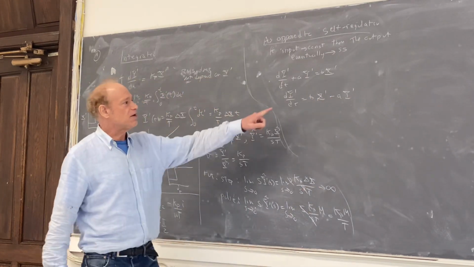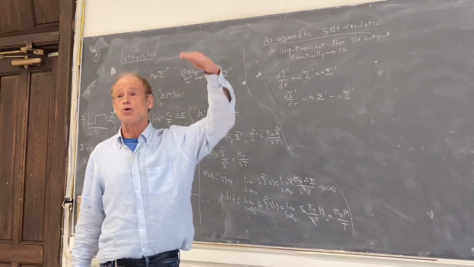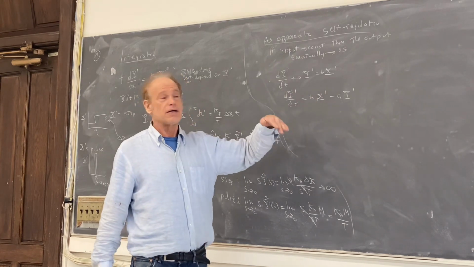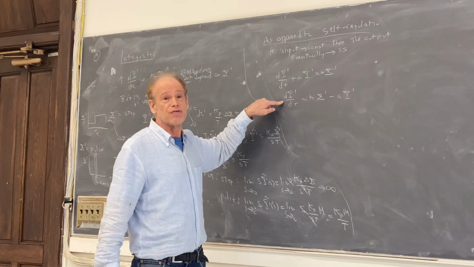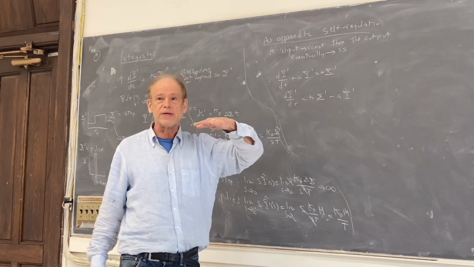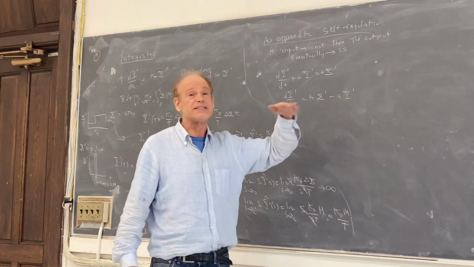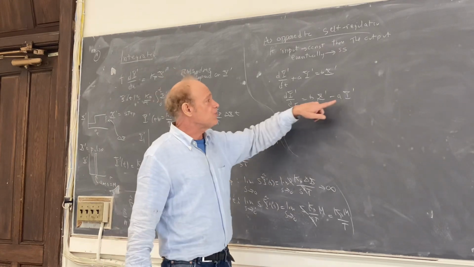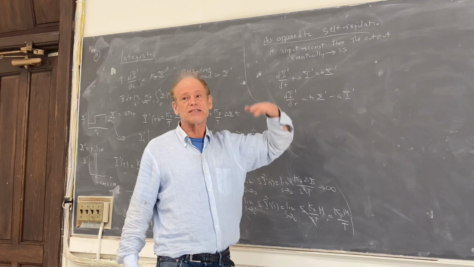That says if y prime becomes positive, that is the change in y becomes positive, then it gets subtracted off and reduces the derivative. So if it gets too high, it self-regulates by going down. On the other hand, if y prime is negative, so if you go down, then that increases the derivative and makes it go back up again. So you can see it's self-regulating.